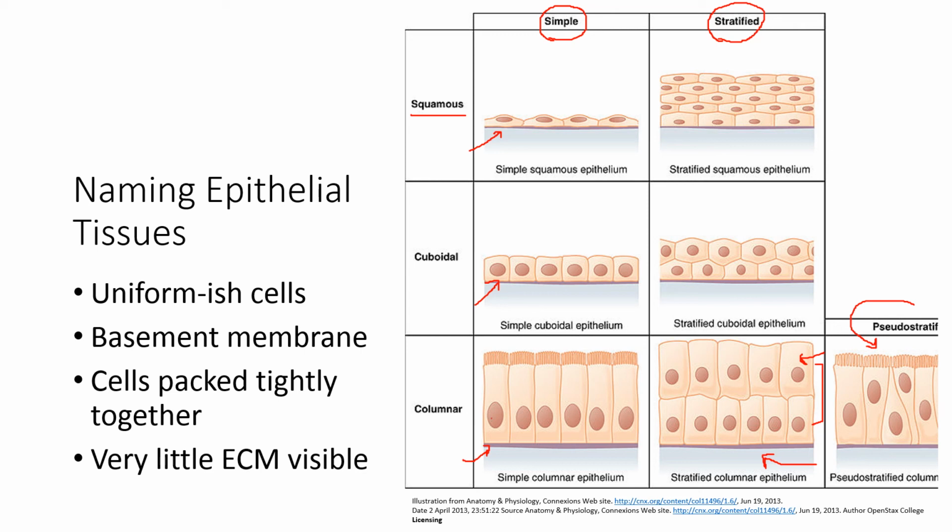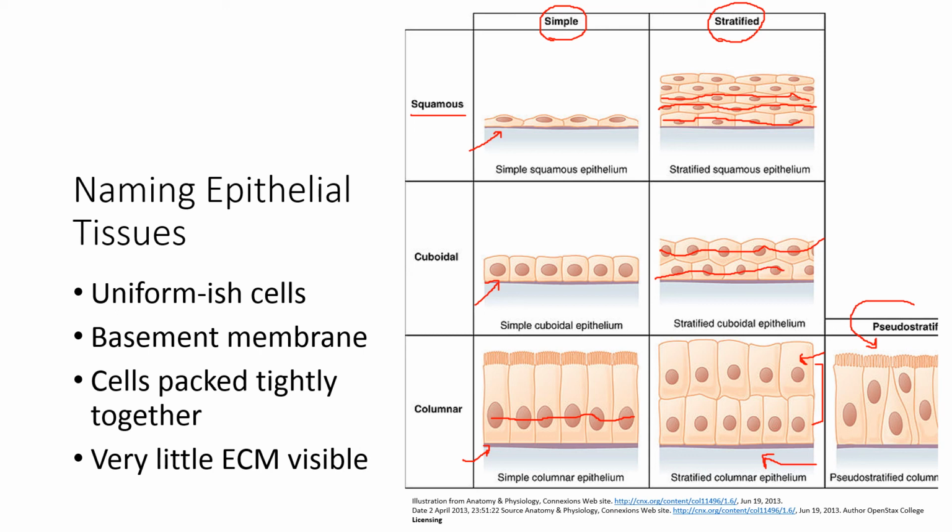And I could almost draw a chain going from nucleus to nucleus. Over here for the stratified, I can draw a chain, nucleus to nucleus, and I can see that there's more than one layer of cells. Same here, because it looks like two lines.